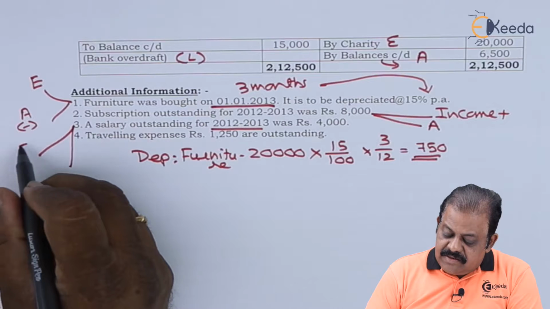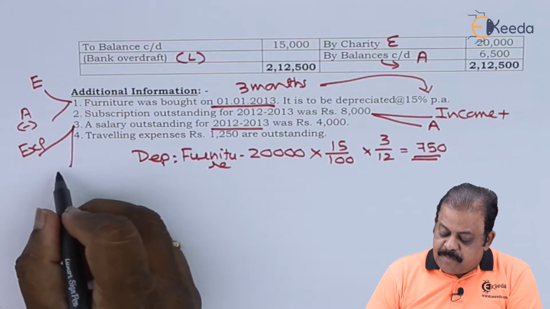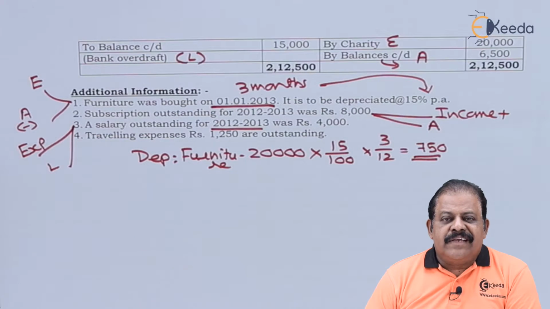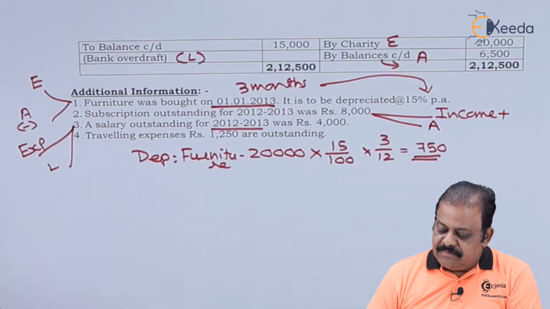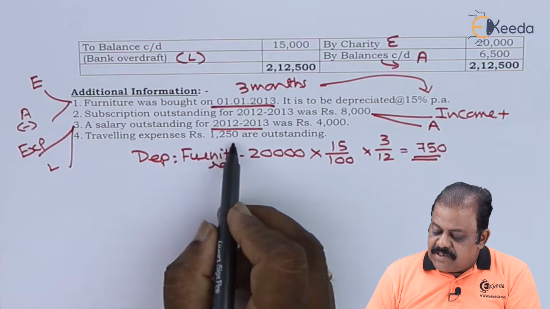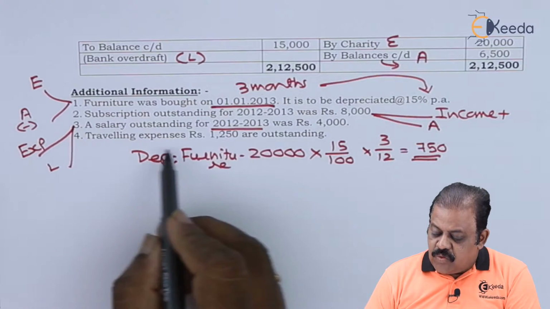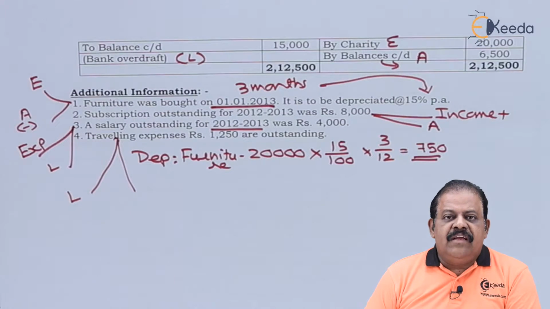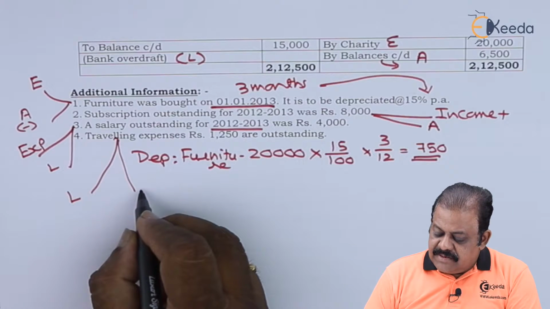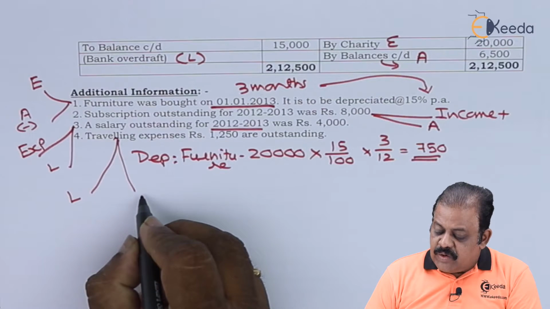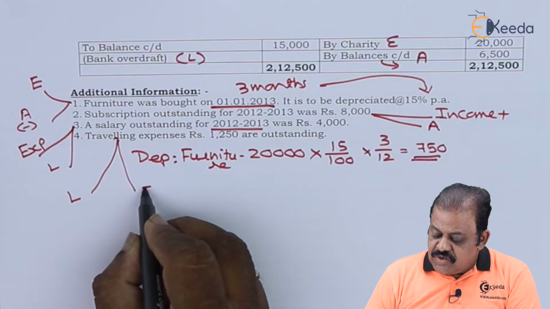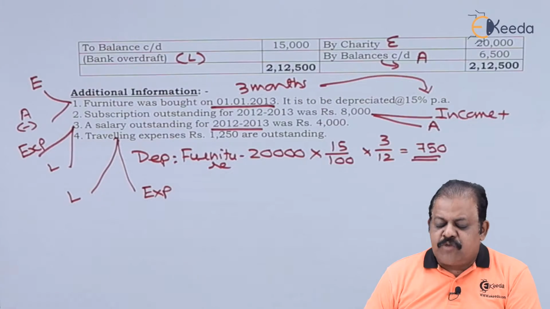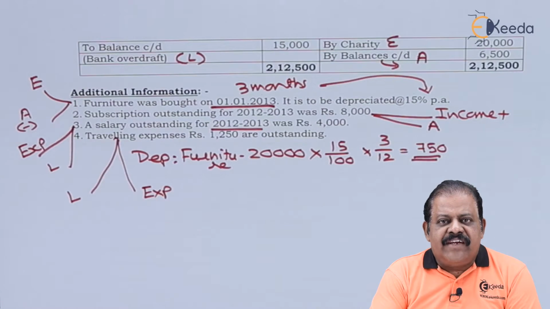This will be added to salary as expenditure. Second effect is liabilities. Traveling expenses 1,250 are outstanding. One effect will be liabilities. Second effect, we are required to show this item on the expenditure side as outstanding.